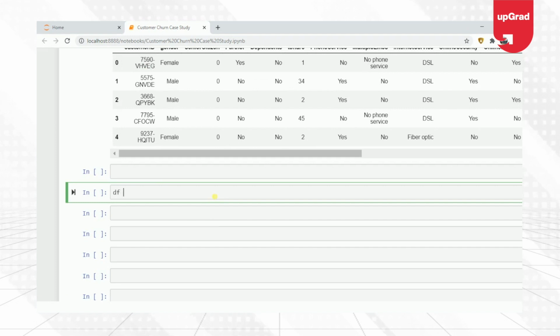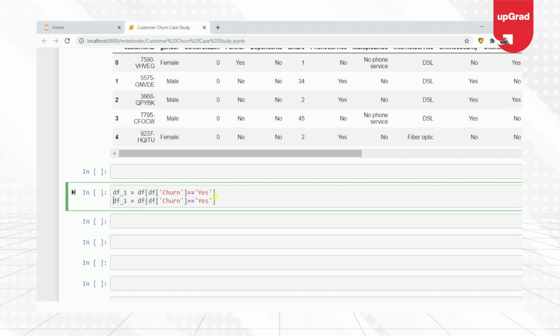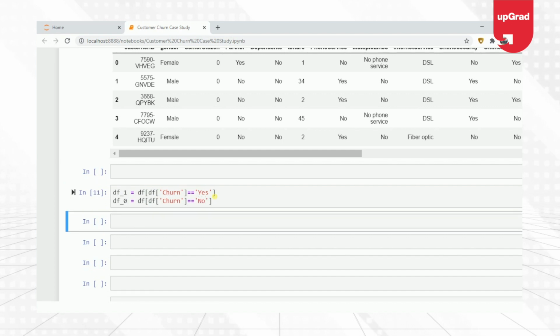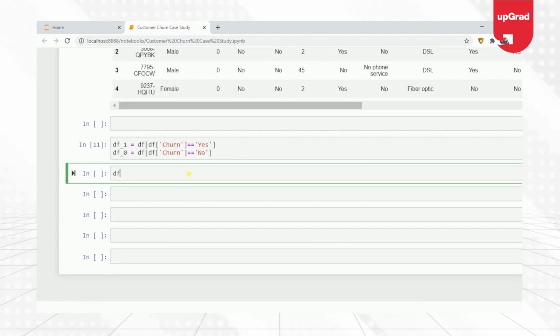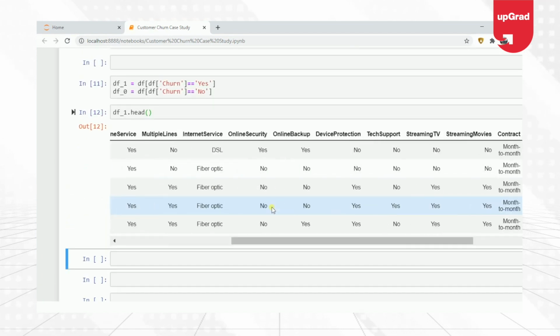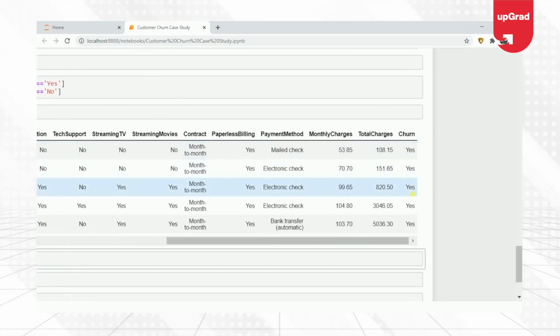So here we create df_1 equals df where churn is yes, and this is going to contain no. This df_1 contains the data for only those customers who have churned from the telecom provider.